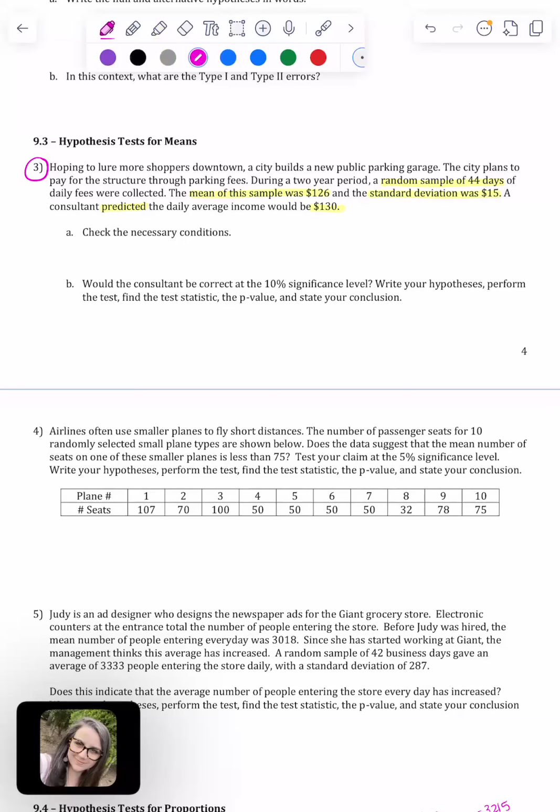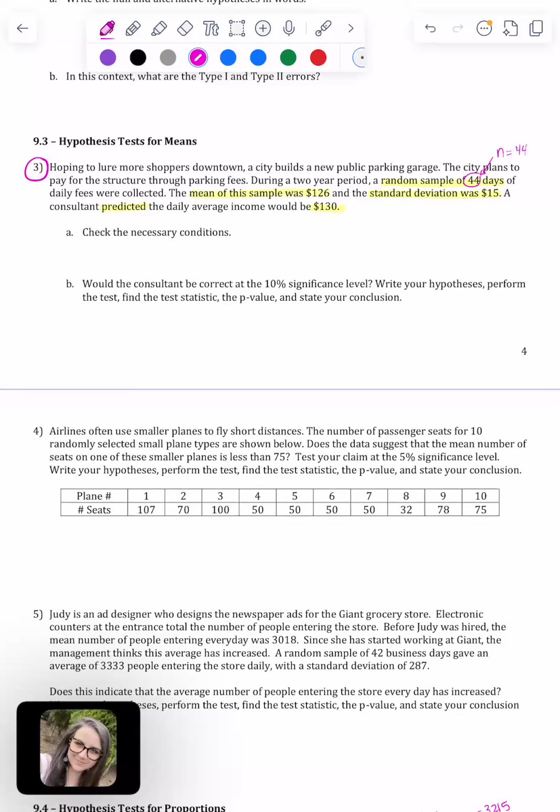Okay, so let's look through the information that we were given. This should sound familiar because it's straight out of a problem from chapter 8. We've already found a confidence interval for this data, but I want us to run the hypothesis test for this. So let's read. It says a random sample of 44 days, so that means that our n value is 44.